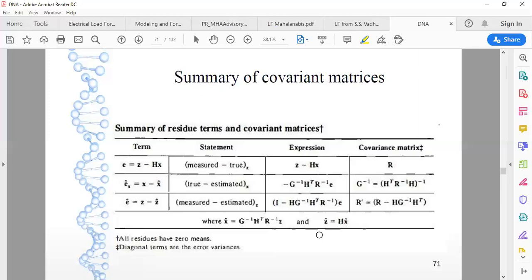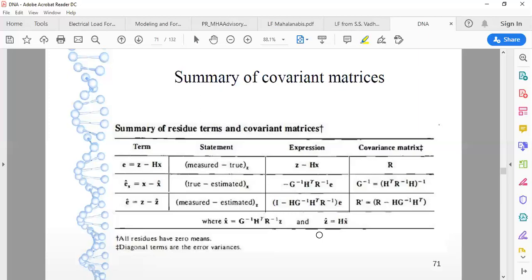Now second thing, the expected value of error, that is the difference between the state variables, true and estimated value, x minus x hat. So when we are defining e x hat, that is the expected value of that error, it is nothing but a variation from true value to expected value, and that is defined as G inverse, which is equal to H transpose R inverse H whole raised to inverse.